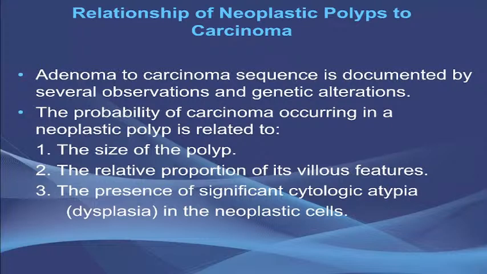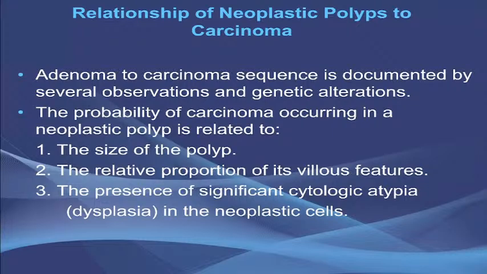The relative proportion of its villous features: the more villous features it has, the higher the risk of malignant transformation. And then the presence of significant cytologic atypia or dysplasia in the neoplastic cells.